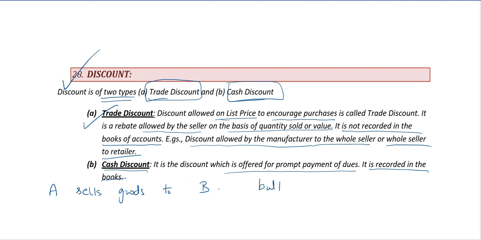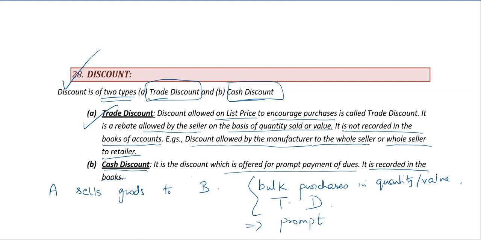So for bulk purchases in quantity or value, the trade discount is given. On the other hand, if A gives a discount to B because B is paying the money within 3 days or 4 days or 1 week, then for prompt payment of dues, the discount which is given is called cash discount.